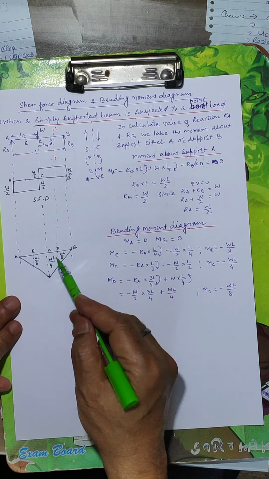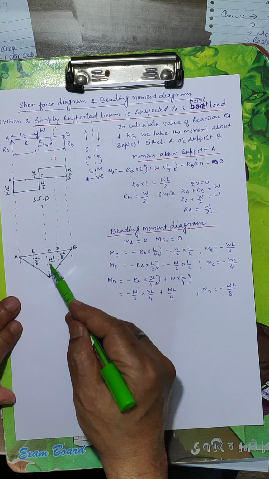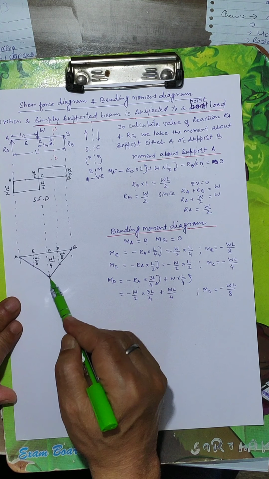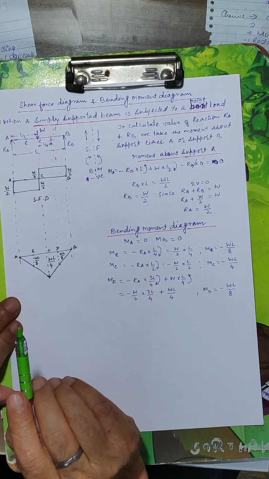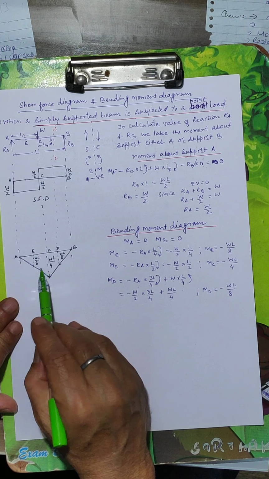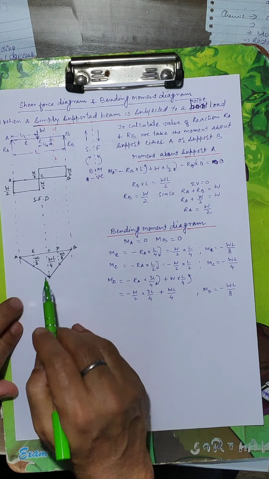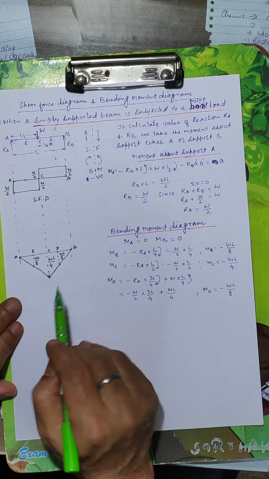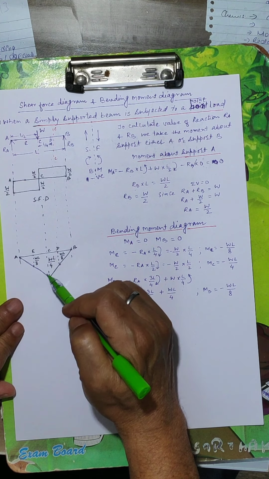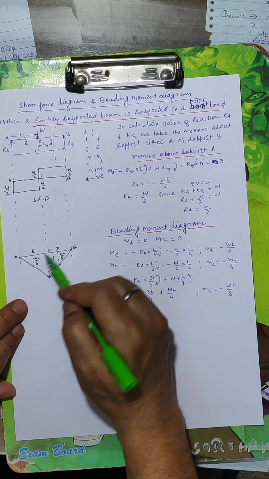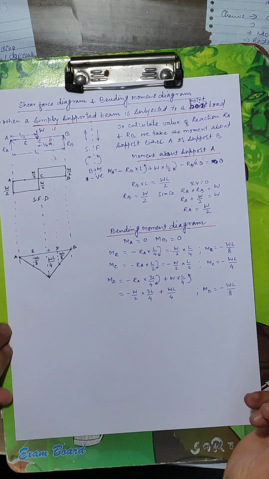The maximum value of bending moment is WL by 4, and this is negative. So we draw below this 0 line. If it is positive, then we will draw above this 0 line AB.